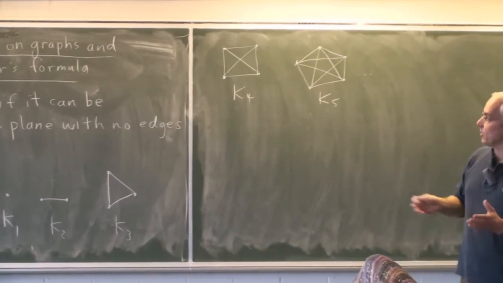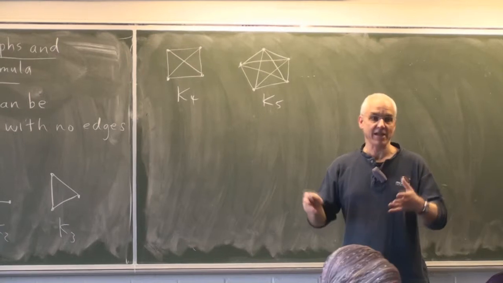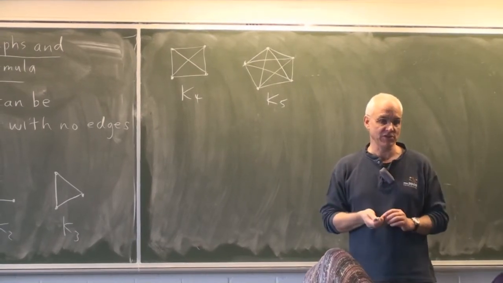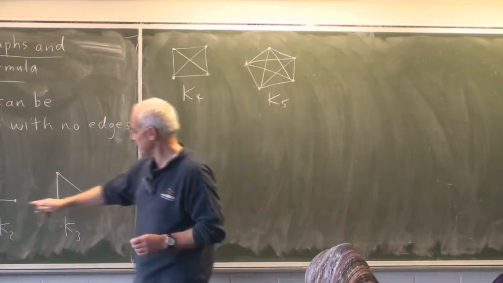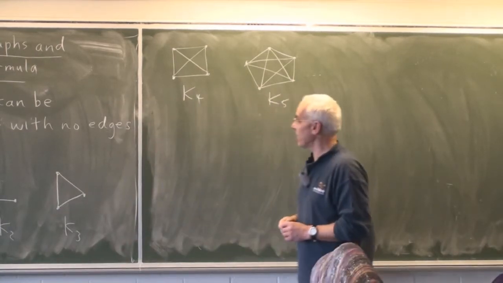I hope the pattern is clear. We're simply starting with n points and connecting them with all possible edges. It's a complete graph. And it's pretty obvious that these ones are planar, K1 to K3.